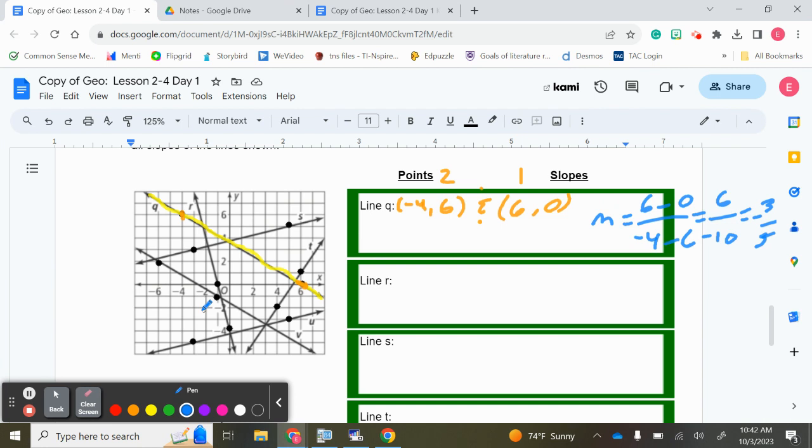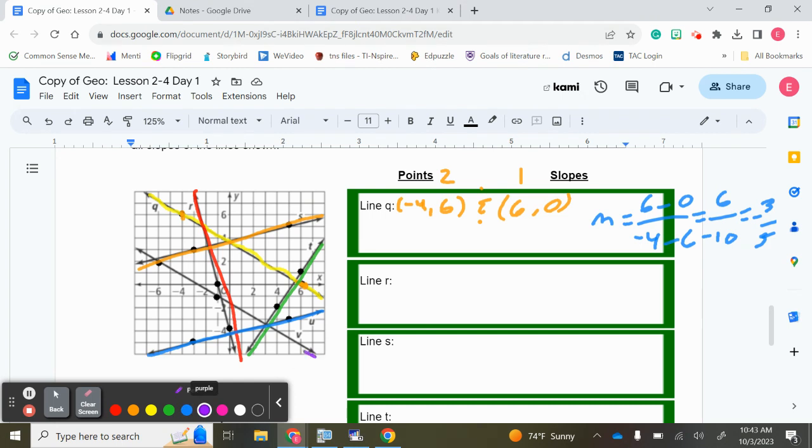Now, if you guys look, I'm going to identify these other lines. Line R is right here. Line S is right here. Line T is right here. Line U is right here.